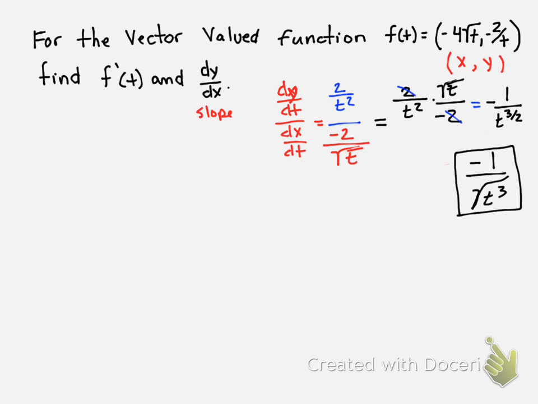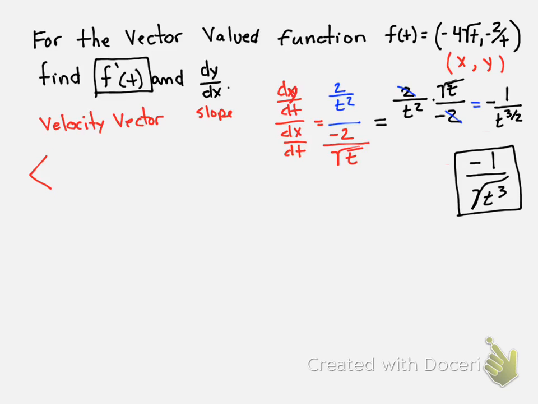There's our slope versus f prime t, which is really just, in this case, another way to write the velocity vector. It's going to be in vector form as well. We've already done it, each component.